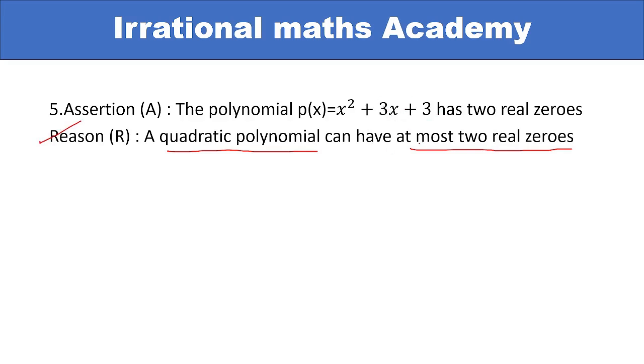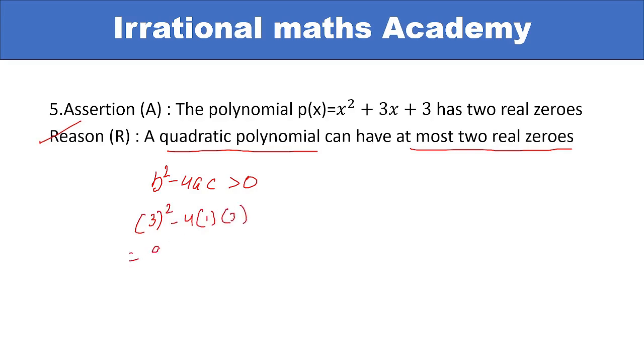For that purpose, what we need to do is find out the discriminant. Discriminant equal to what? B square minus 4ac value I have to find out. If I get greater than 0, then I can say this polynomial has two real roots. If it is equal to 0, two real roots also. If I get less than 0, then no real roots. So from here, my b value is what? 3 square minus 4 into a value is what? 1, and c value is what? 3.